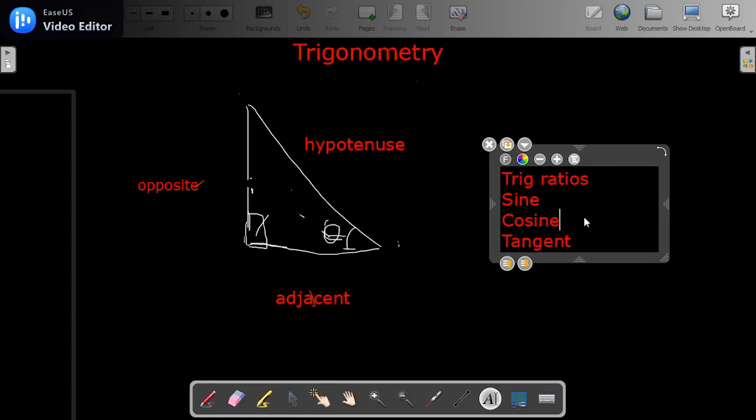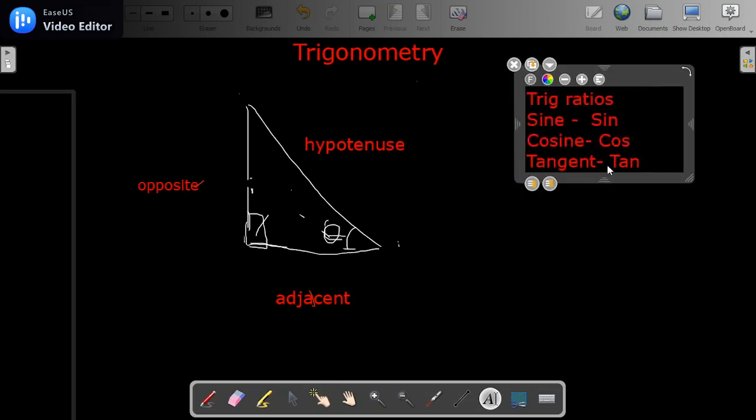Those are the three basic trig ratios we have. They are also abbreviated in this form. For those of us that have encountered the topic before, you see something like this: sin, cos, and tan. So how do we work with it?